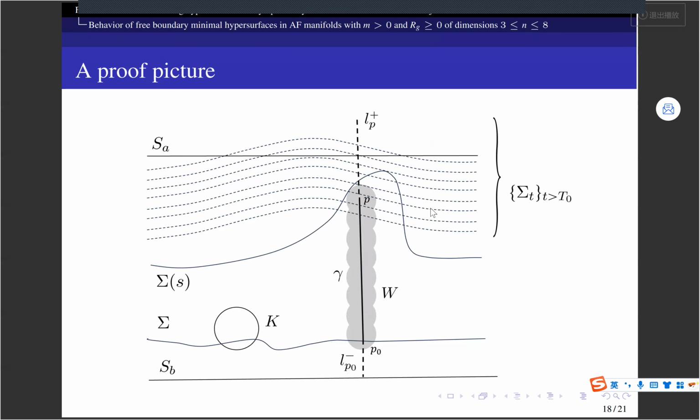And here is just a picture of the proof. We will adopt a metric perturbation argument initiated by Gang Liu in the three-dimensional Milnor conjecture to construct a sequence of new minimal hypersurfaces that are also strongly stable.